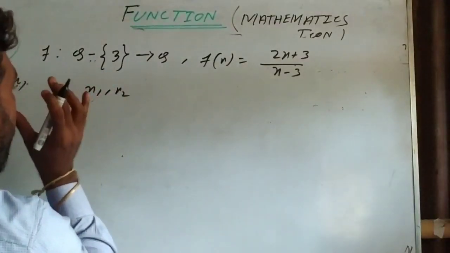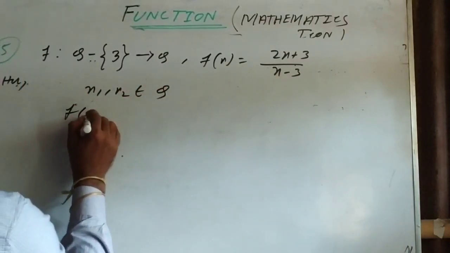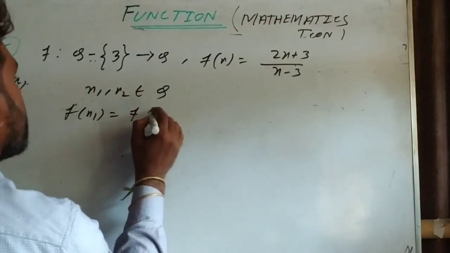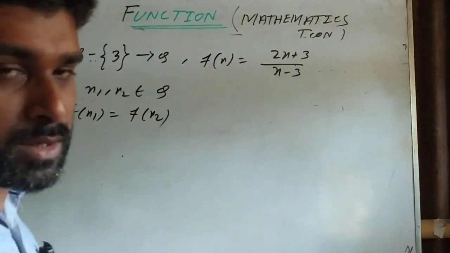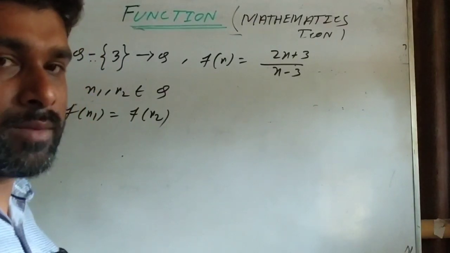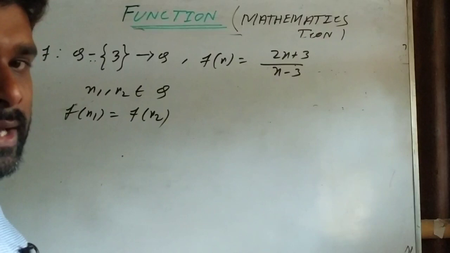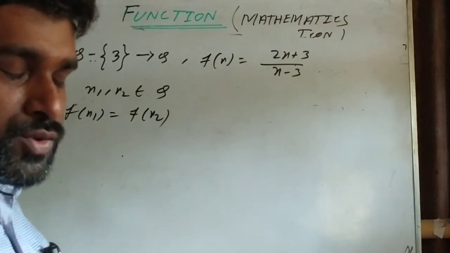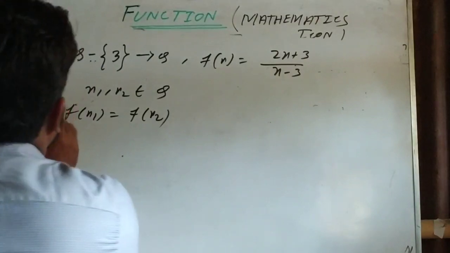तो here x1 comma x2 belongs to Q, so fx1 equals to fx2. Q क्या सेट है, रेशनल नंबर सेट। रेशनल नंबर क्या है, which number can be formed as p by q, okay, where q not equals to 0, those number is called the rational numbers.